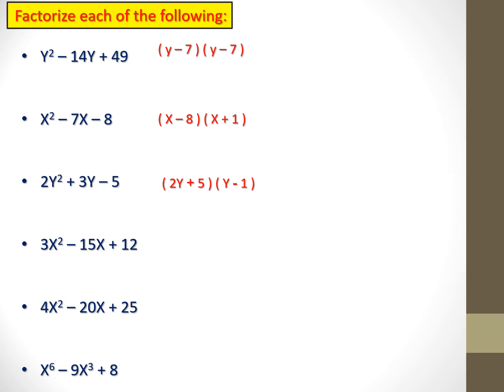3x power 2 minus 15x plus 12. In this example, you notice that we have highest common factor 3, let's take it.